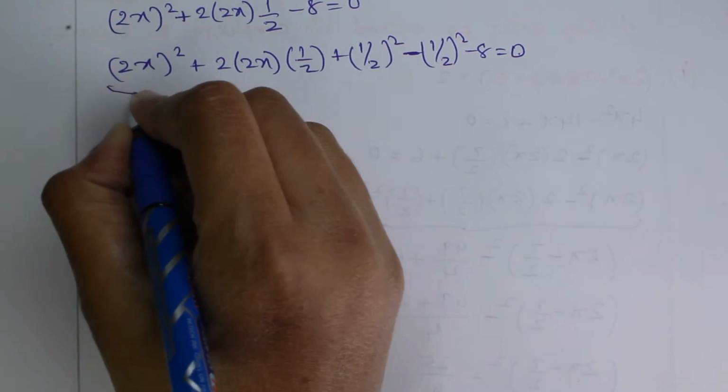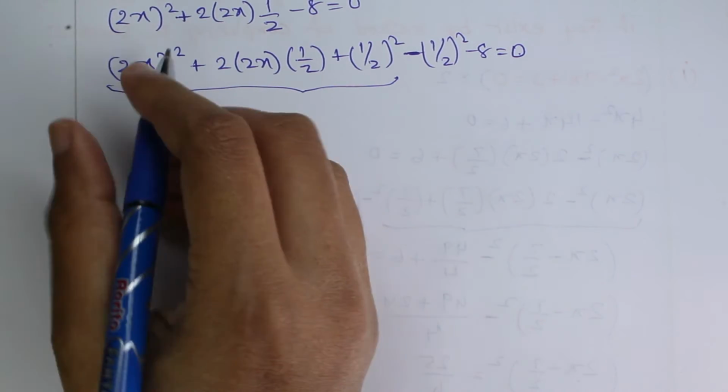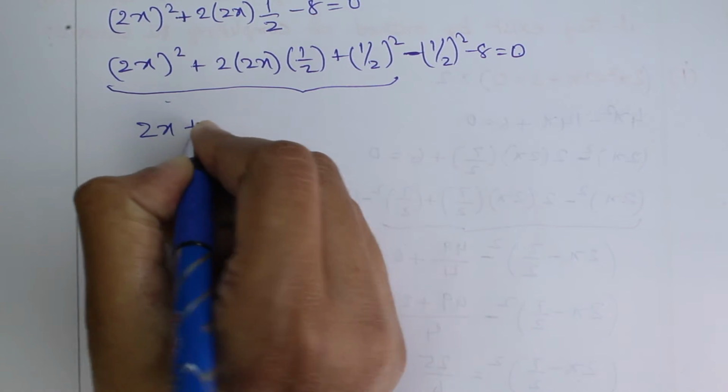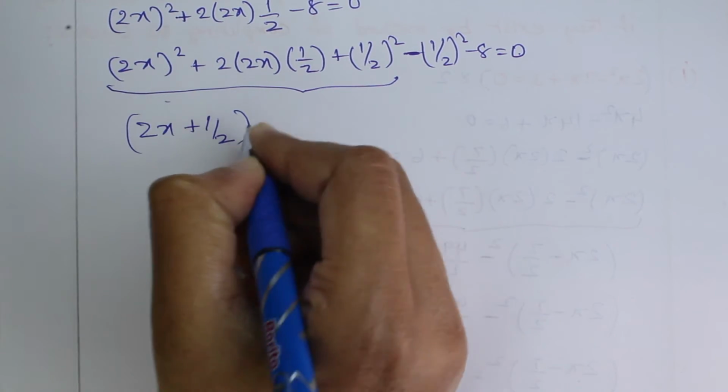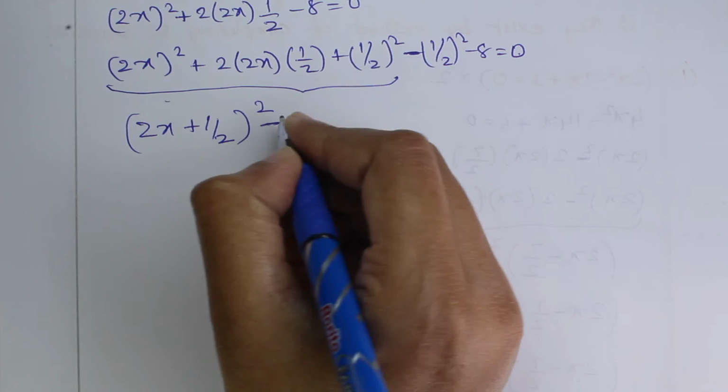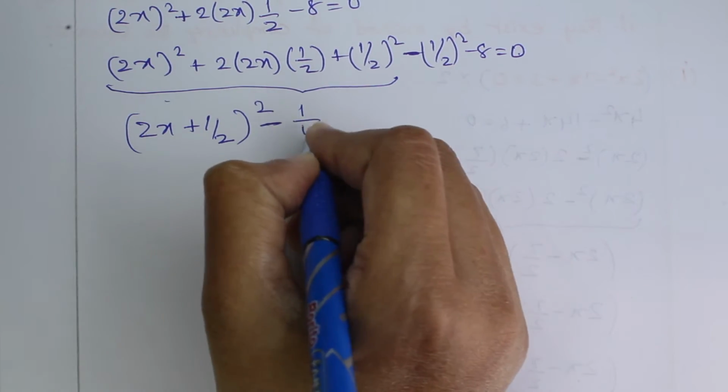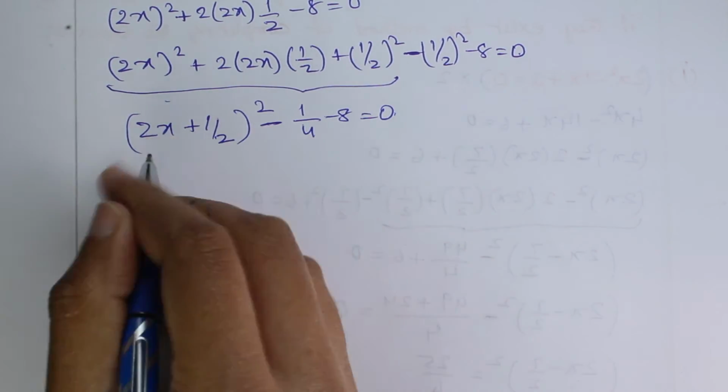So this is in the form of a plus b whole square, right? So it can be rewritten as 2x plus 1 by 2 whole square minus 1 by 4 minus 8 is equal to 0.